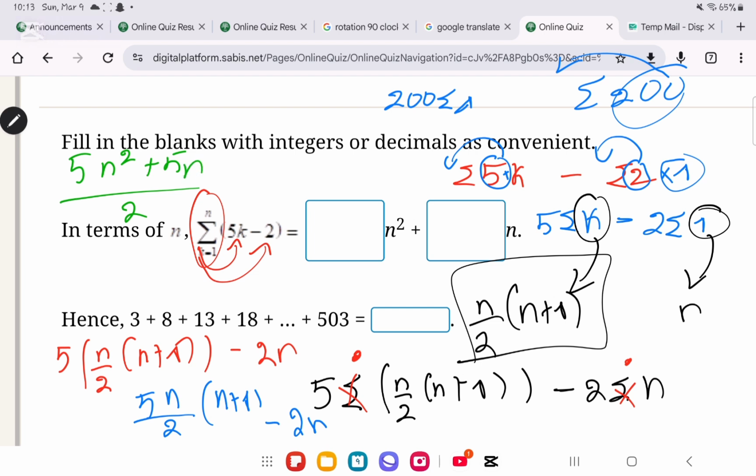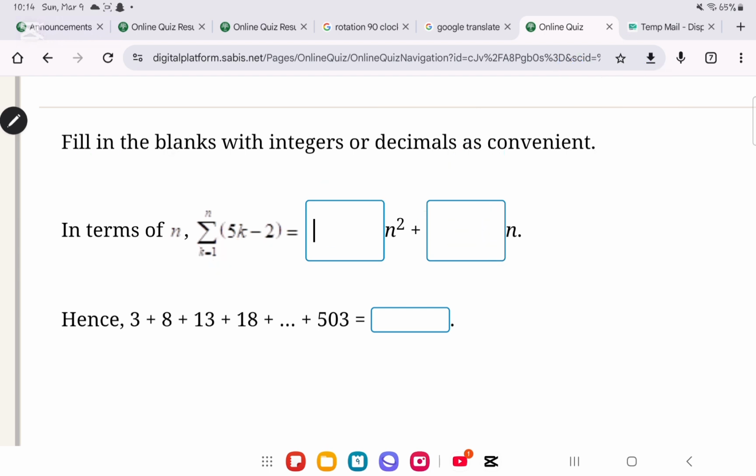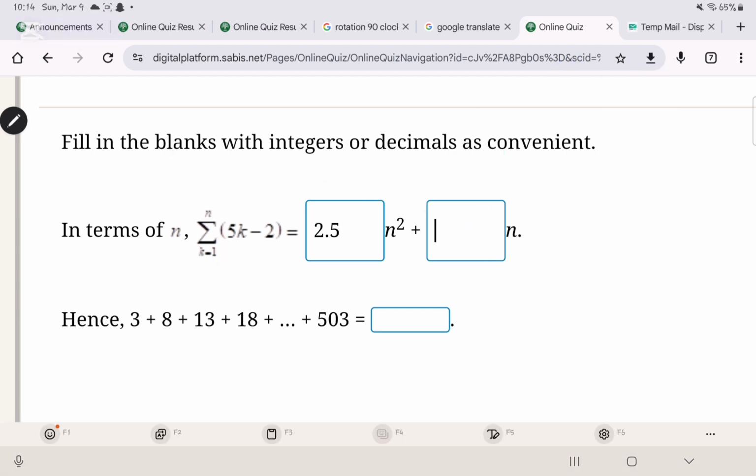And we don't forget the n, so 5n squared plus 5n over 2 minus 2n. Okay, so you're gonna do common denominator, so this becomes minus 4n over 2, and then you're gonna subtract and you're gonna get 5n squared plus n over 2. Then you simplify it, you're gonna get 2.5n squared plus 1 divided by 2, which is 0.5n. So very simply, it's 2.5n squared plus 0.5n.